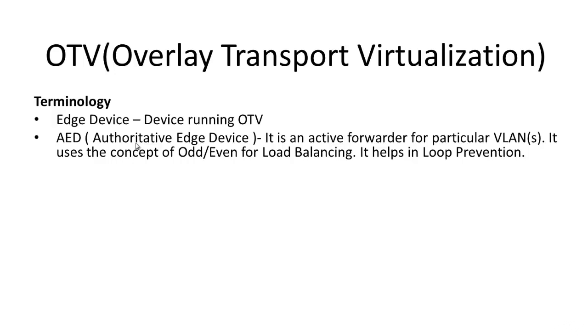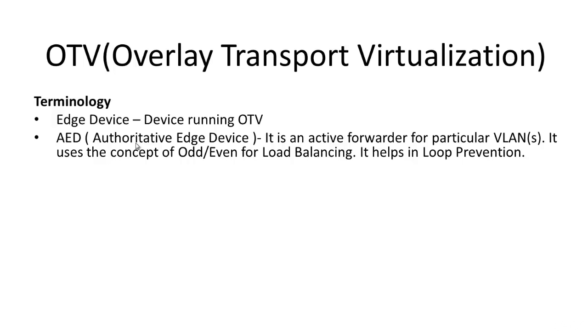Once we do the practical lab, these things will be clear to you. If you have multiple AEDs, there would be an election. One AED will forward traffic of one VLAN and the other AED will forward traffic of other VLANs. How does it know which VLAN traffic has to be forwarded by which AED?